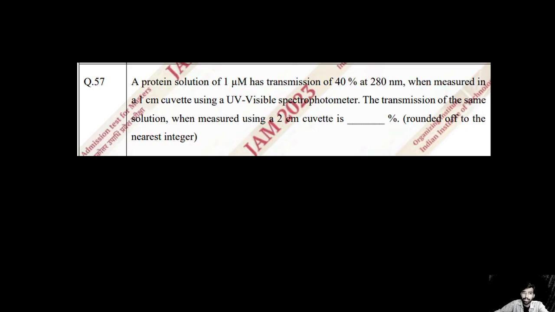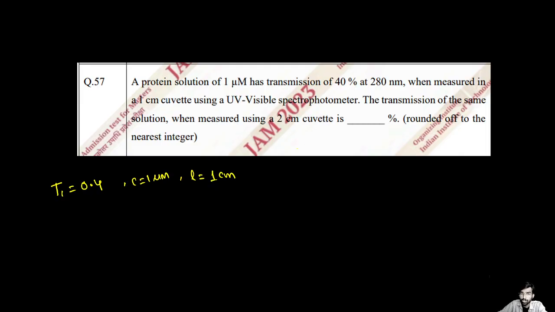Okay, so here a protein solution of 1 micromolar has transmittance 40% at 280 nanometer. So I am writing here transmittance T1 is 40%, that means 0.4 when measured, and the concentration is 1 micromolar, when measured in a 1 centimeter cuvette, that is L equals 1 cm, using a UV visible spectrophotometer.